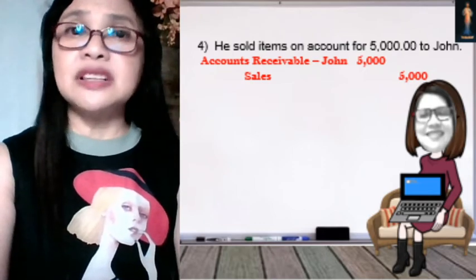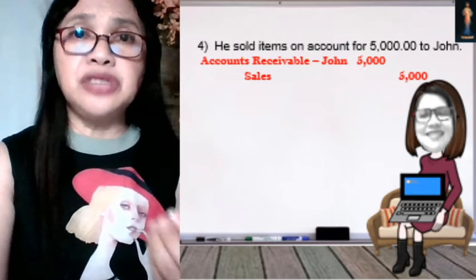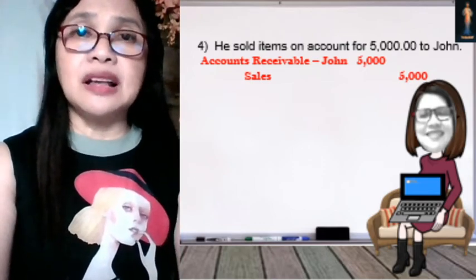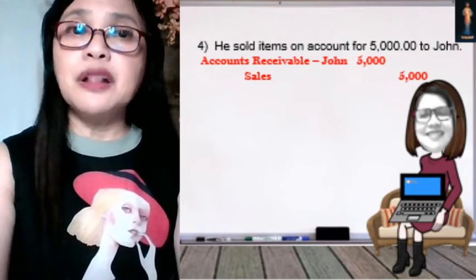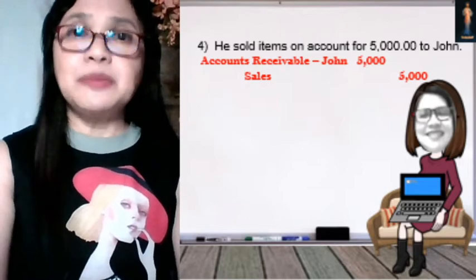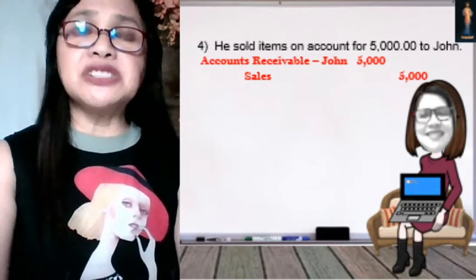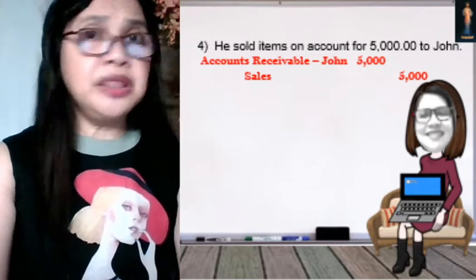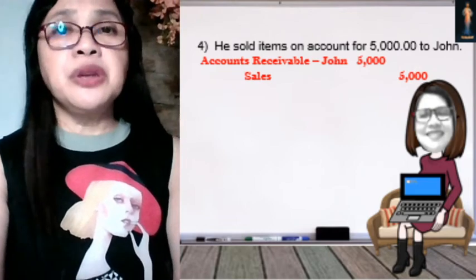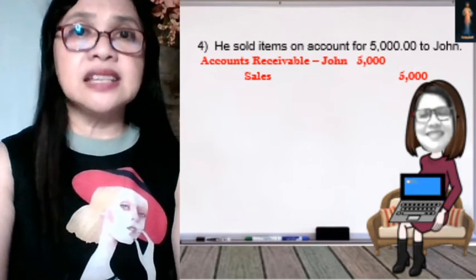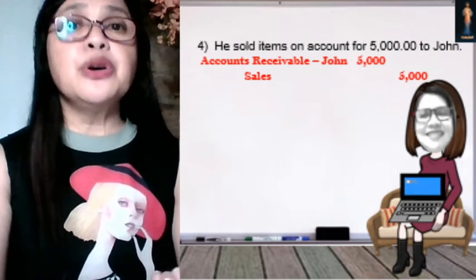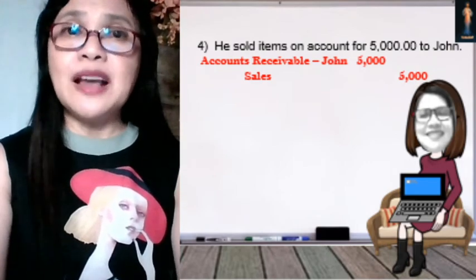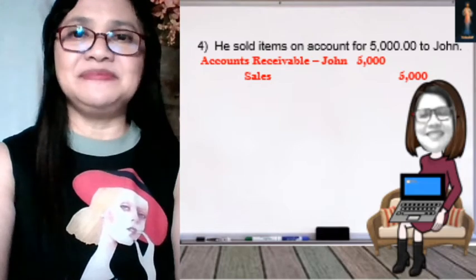Accounts receivable is an asset account, and to increase your accounts receivable account, you debit it. So we debit accounts receivable from John, 5,000. And because this is a sales, though it is on account, still we recognize it as a sales, a credit normal balance. So we credit 5,000 sales.